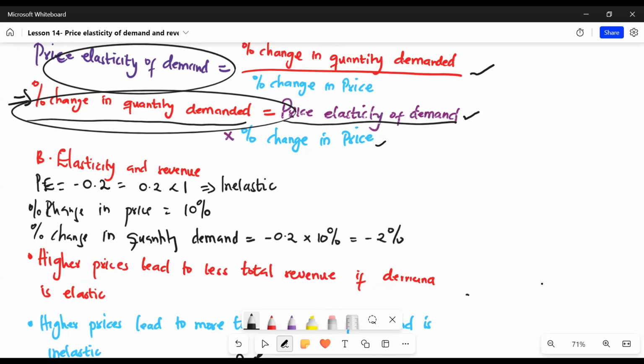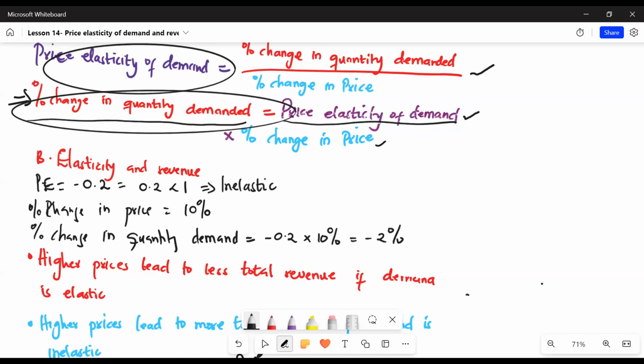So what this means is that if a producer is selling a good with inelastic demand and they increase their price by 10%, they can project that consumers will reduce the quantity demanded by 2%. In this example, we see that if the market price of a good, for example, apples, goes up by 10% and the good is inelastic with a price elasticity of demand of 0.2, the quantity demanded will decrease by 2%.